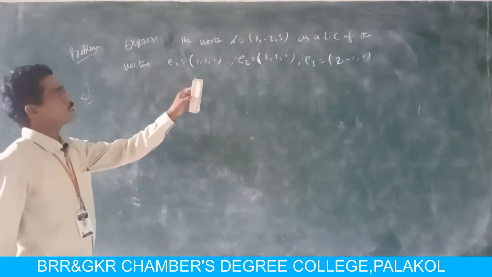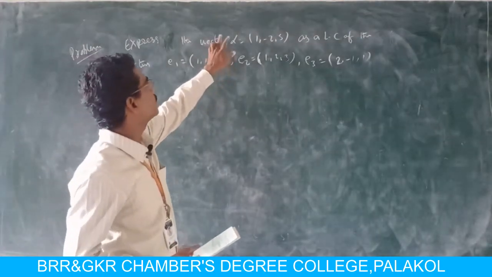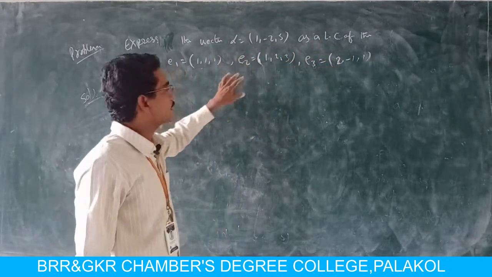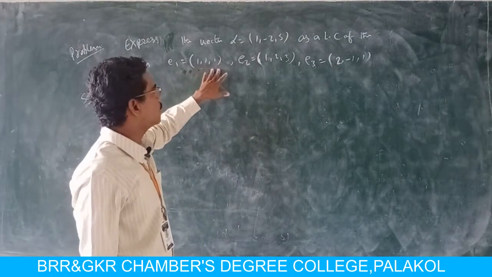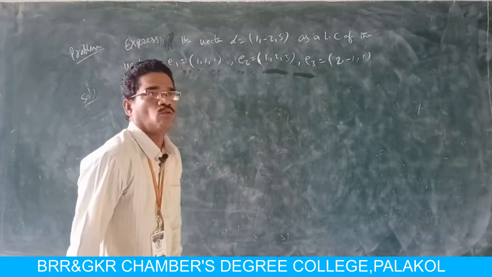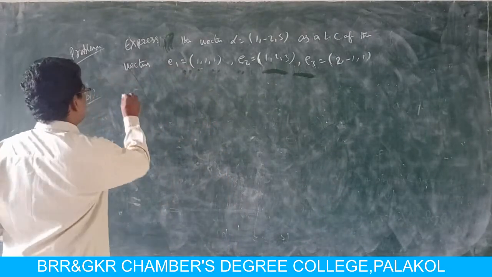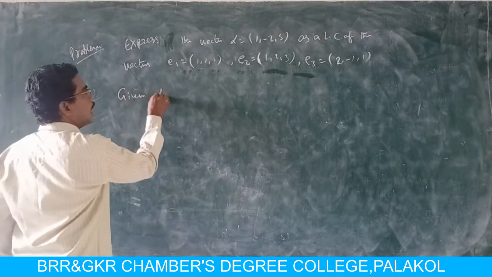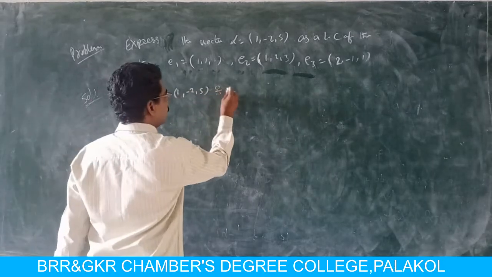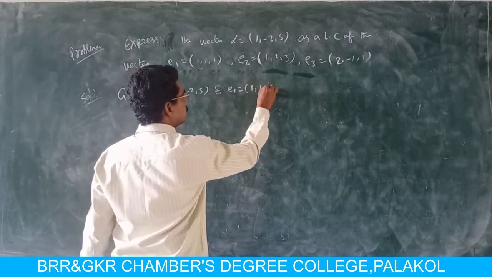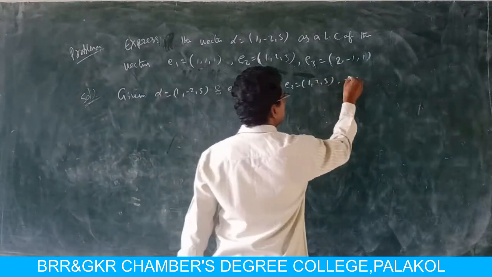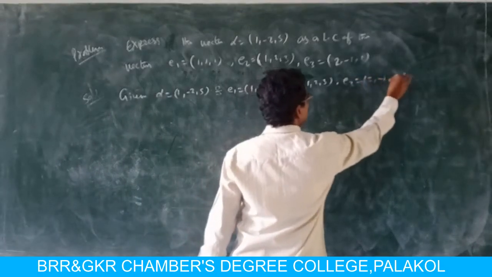Express the vector alpha equal to 1, minus 2, 5 as a linear combination of the vectors E1 equal to 1, 1, 1, E2 equal to 1, 2, 3, E3 equal to 2, minus 1, 1. Given that alpha equal to 1, minus 2, 5 and E1 equal to 1, 1, 1, E2 equal to 1, 2, 3 and E3 equal to 2, minus 1, 1.